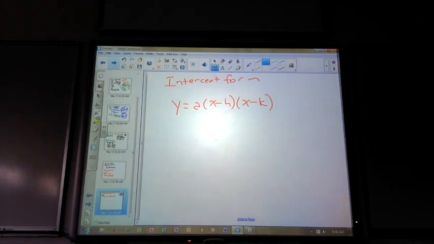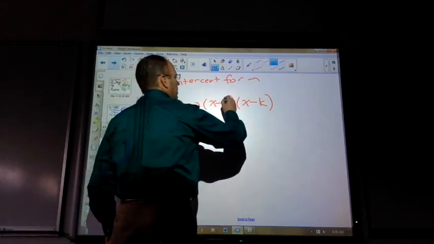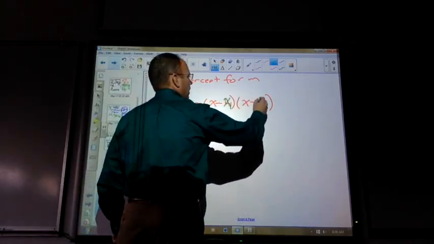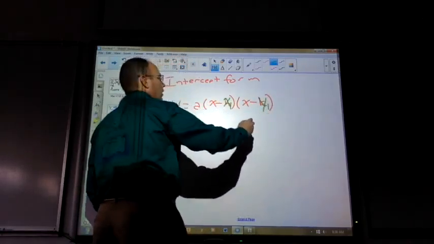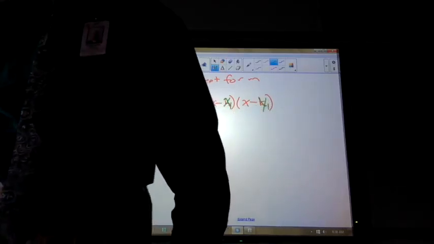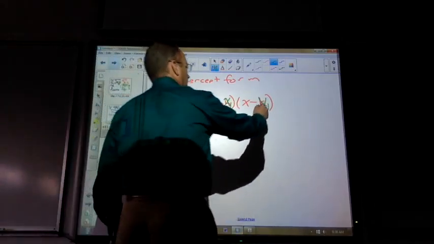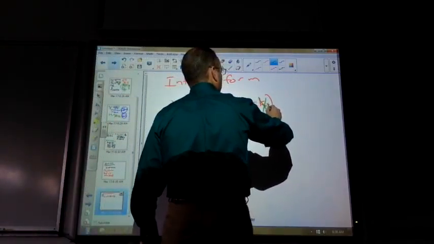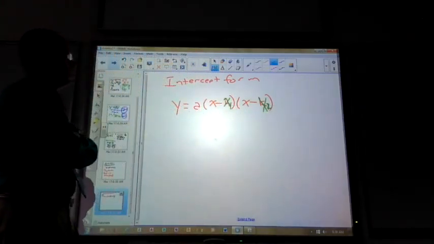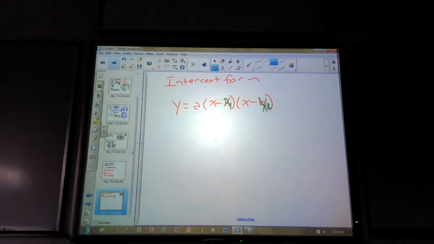So I would like you to change these. Maybe make this x sub 1, x sub 2, or something. I just don't want it to be the h and the k, because the h and the k indicate the vertex, and this does not indicate the vertex.